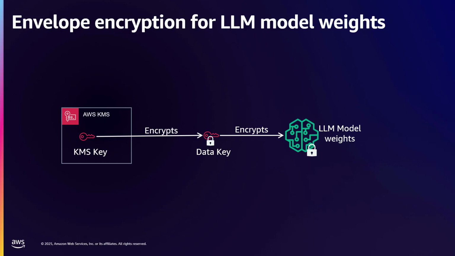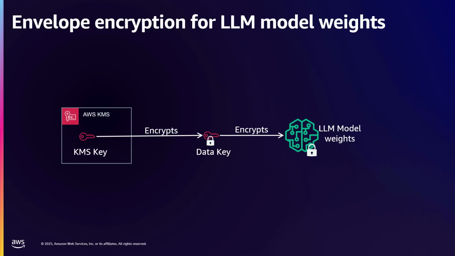So the first thing that we do in this case is the model provider does all these activities, right? They have trained a model, and you have the model weights. What they can do is use KMS, the AWS Key Management Service, and request a data key. Okay, so the data key is used to encrypt the model weights, right?